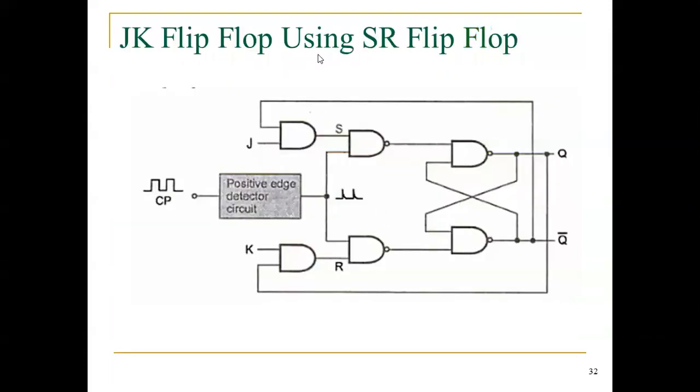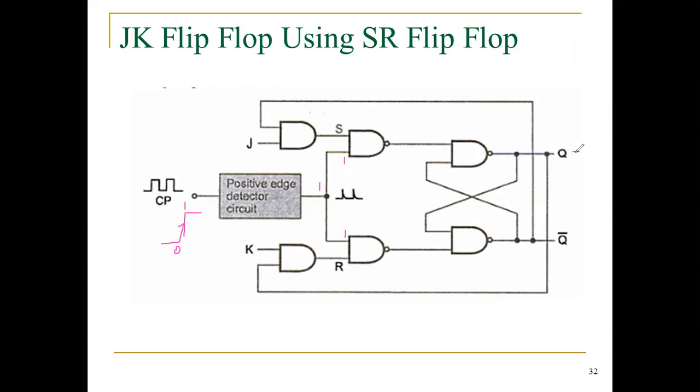See here. The clock pulse is positive because of positive edge triggering, a 0 to 1 transition. Therefore, one of the inputs of these two gates is 1. Please listen now.